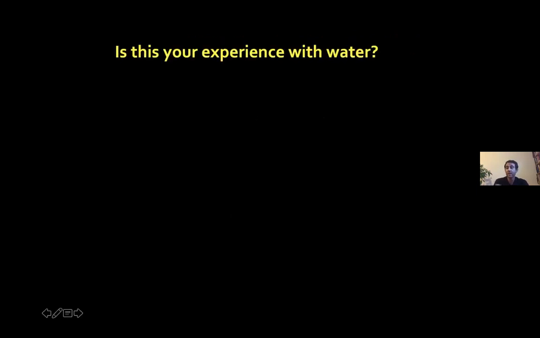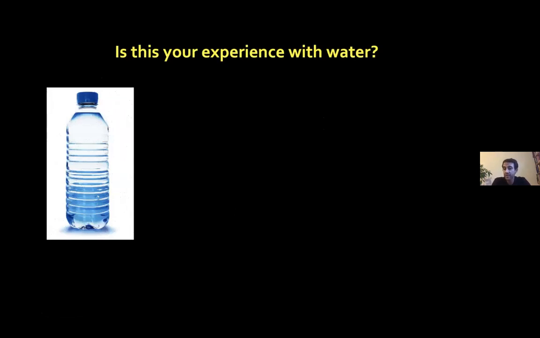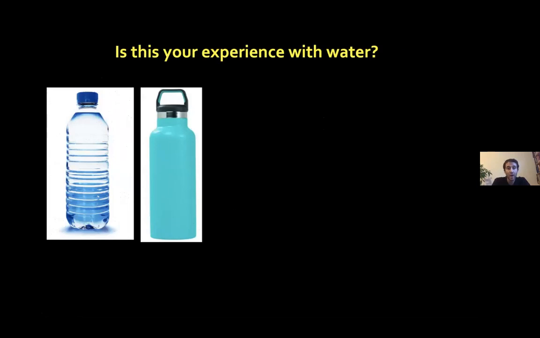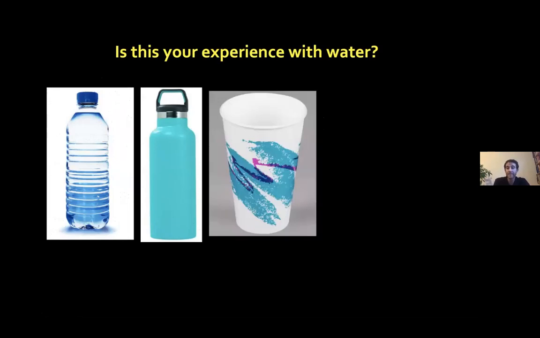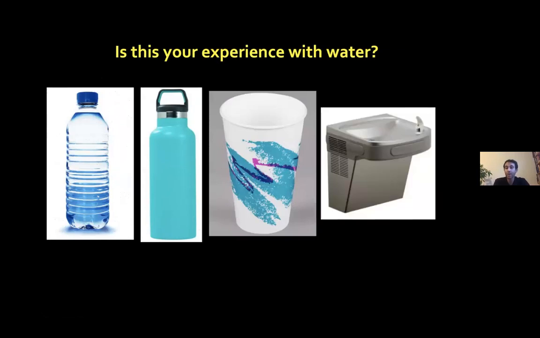Now, of course, individual experience is relative too. Is this your child's experience with water, a water bottle? Maybe it's a specific water bottle that they always use, and that's their experience with water. Maybe it's a cup, or maybe it's a water fountain, or maybe all of these are different experiences that mean different things to the child in different contexts.